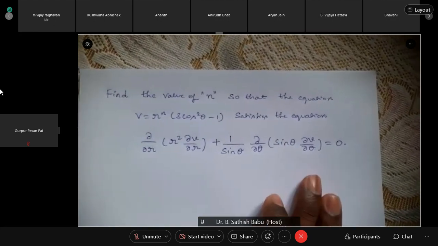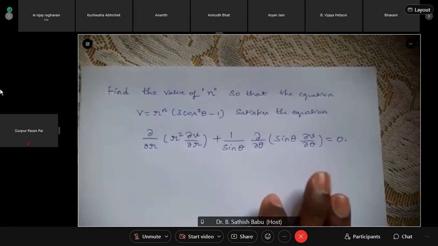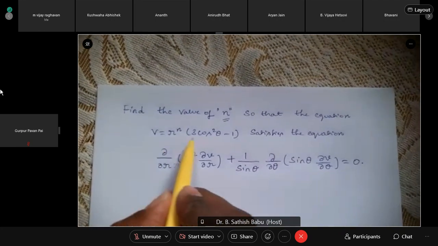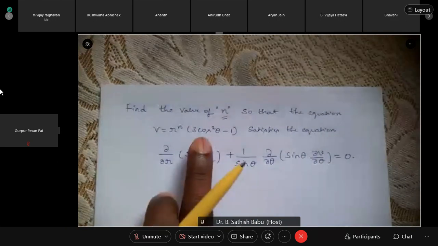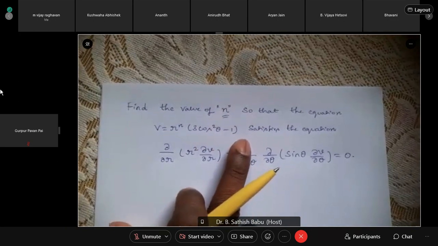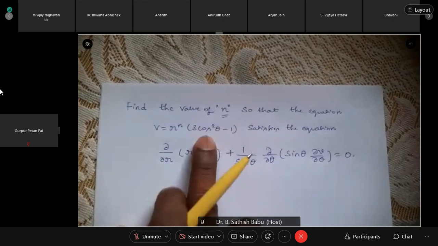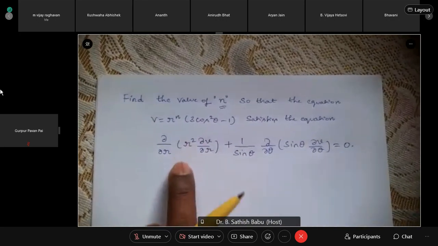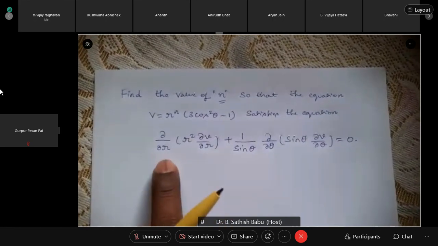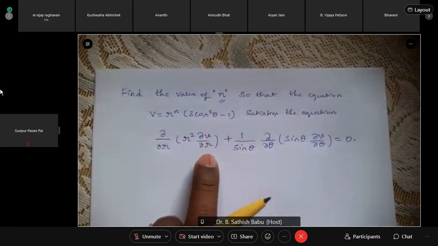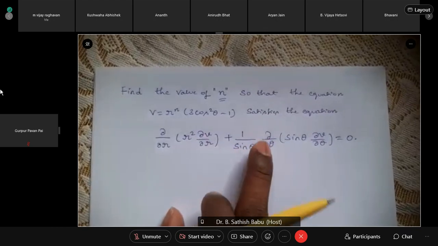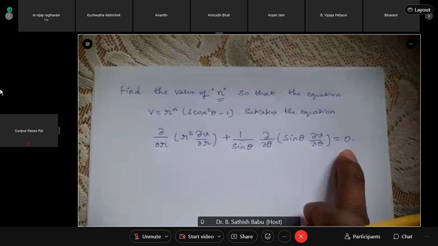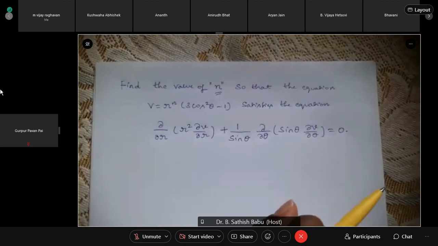Take a look at the question again. You are supposed to find out the value of n, where we have the equation v is equal to r power n times 3 cos square theta minus 1. This equation will satisfy the relation given by dou by dou r multiplied by r square into dou v by dou r plus 1 by sin theta dou by dou theta of sin theta into dou v by dou theta, which will be equated to 0.